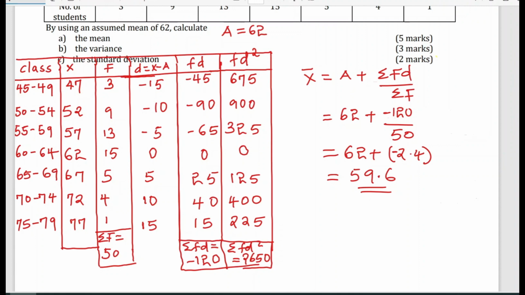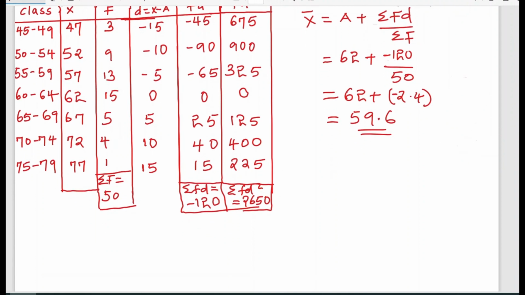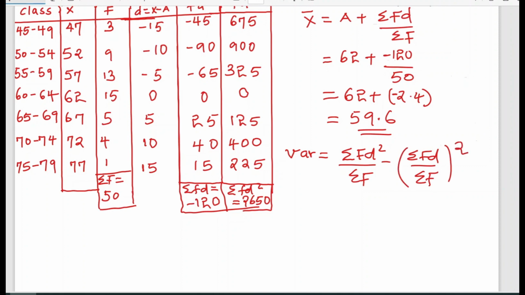Our mean is 59.6. Let us go to variance, var. So we need a formula. The formula for variance, we know that it is the sum of FD square divided by sum of F, minus sum of FD over sum of F, but this one you place in bracket and then square it.